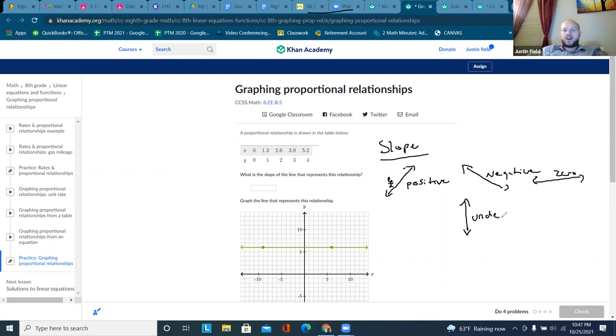We call that undefined. The reason is slope is a ratio between the rise of a line over the run, or it's the vertical change over the horizontal change.